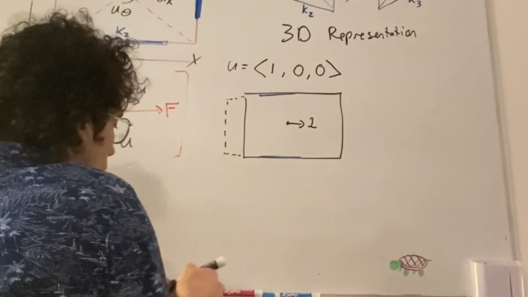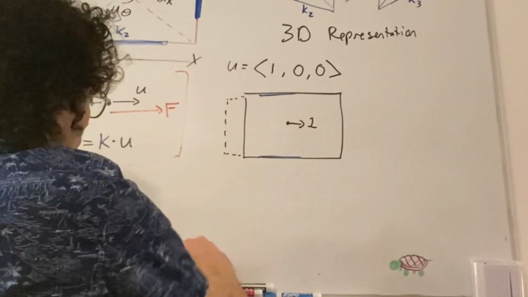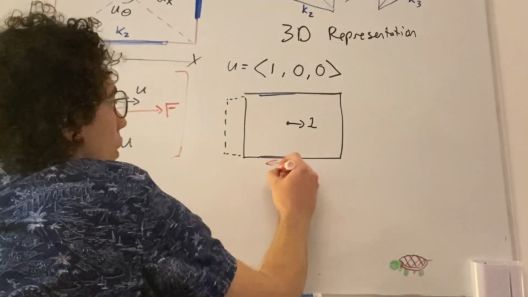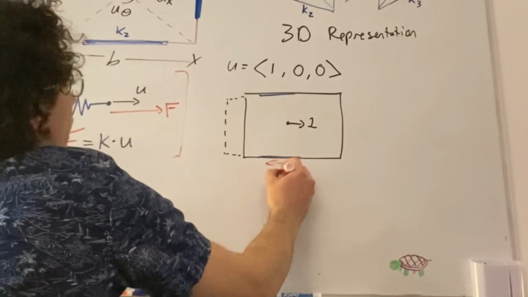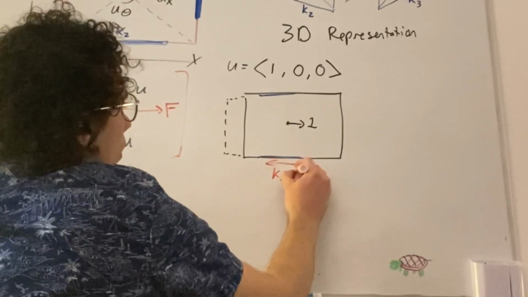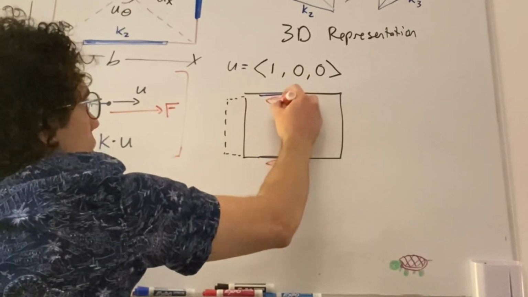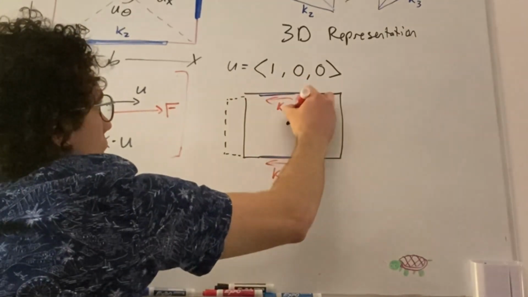I'll draw that in red. You have a reaction force here equal to K2 times 1, and you'll have a reaction force here equal to K1 times 1.